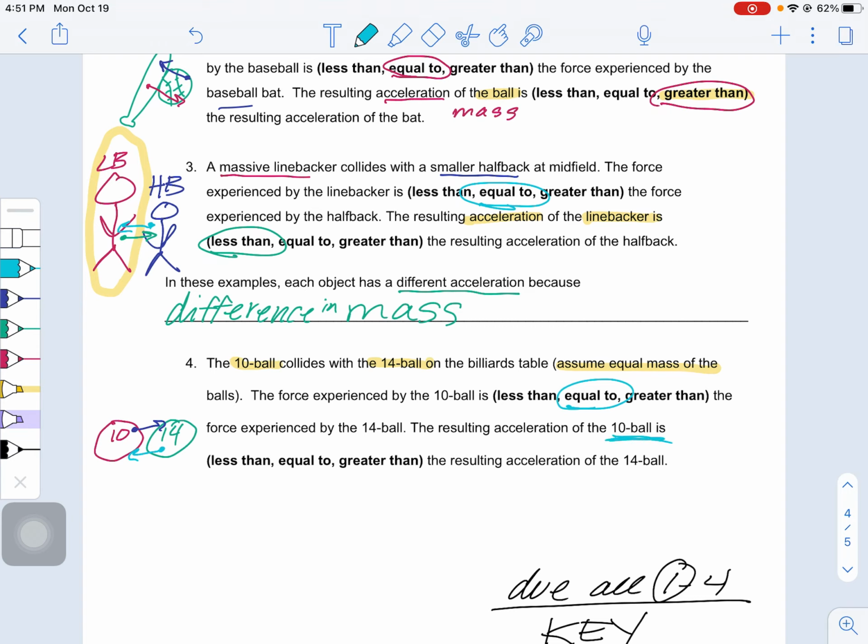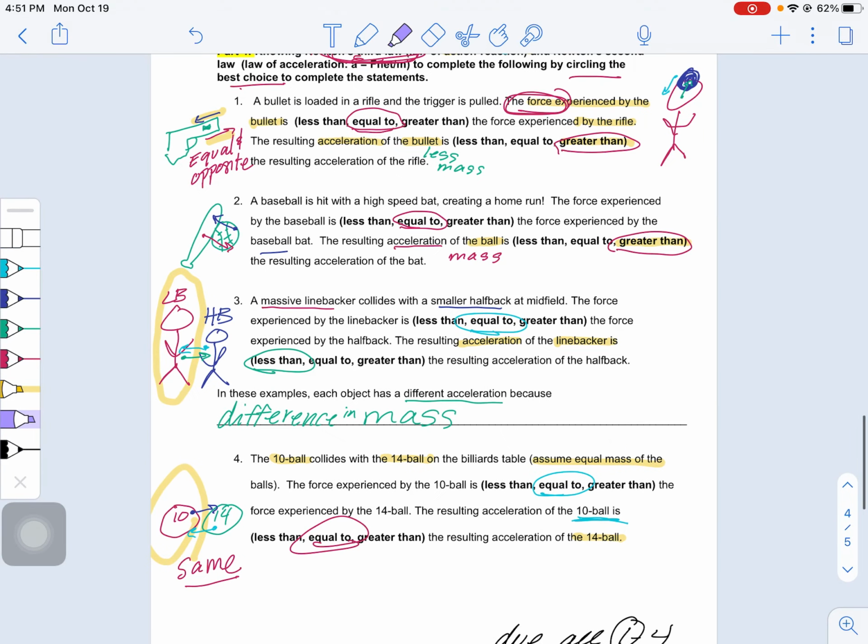The acceleration of the 10 ball compared to the 14, if we know they're the same mass, then their acceleration should also be the same. So no matter what the situation, I should see equal forces every single time. Acceleration is dependent on that mass. Less mass means more acceleration.